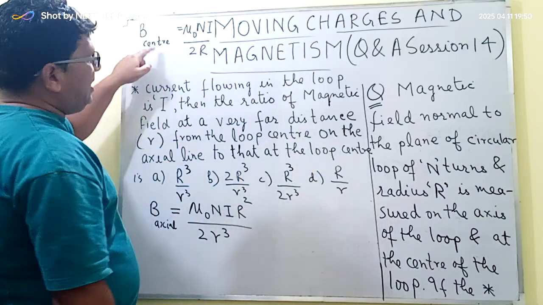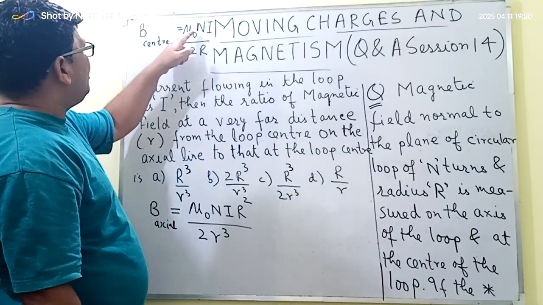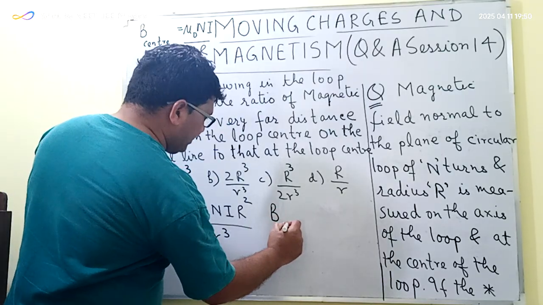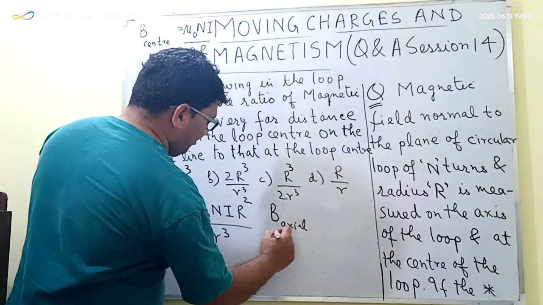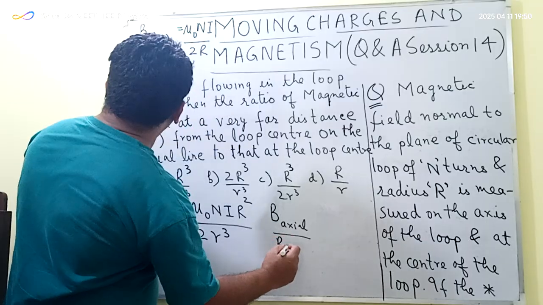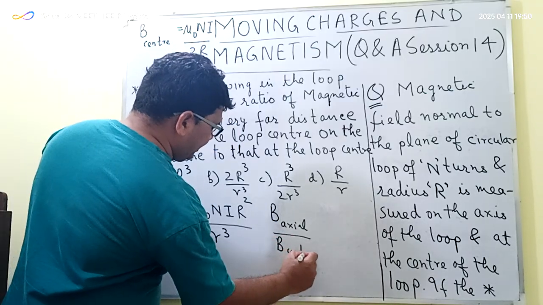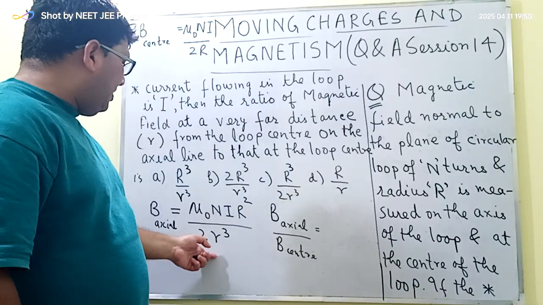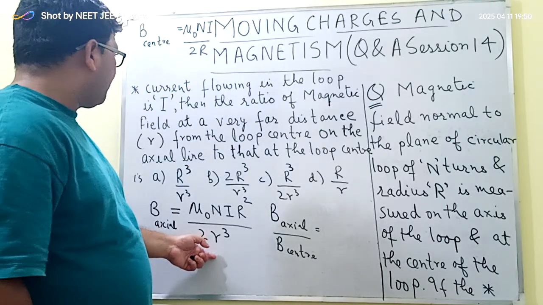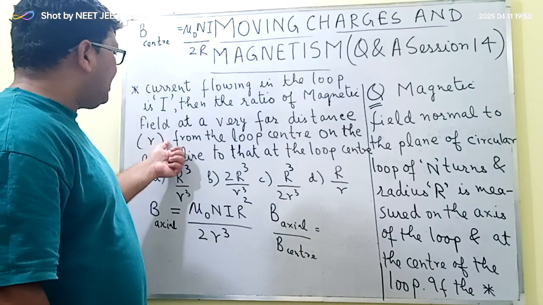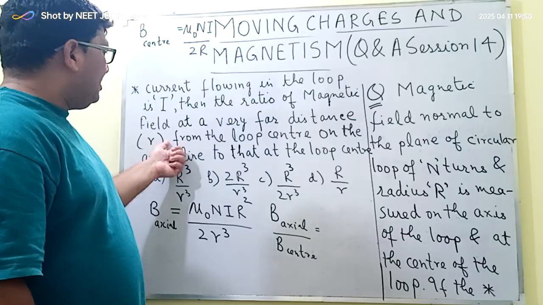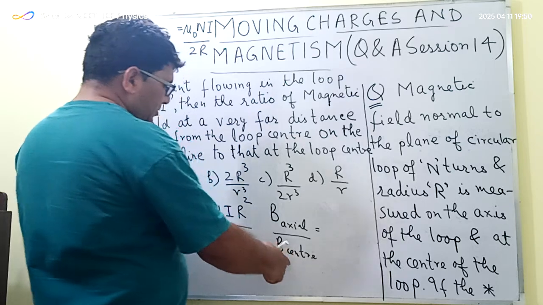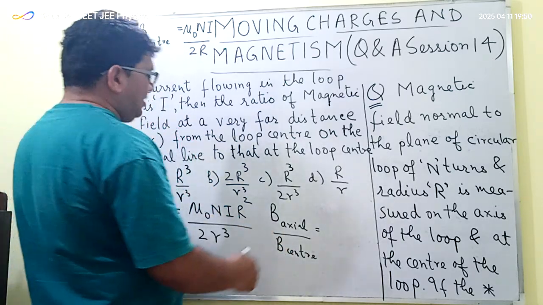So the magnetic field at the center of the current carrying loop is equal to mu naught N I upon 2R. So B axial divided by B center. Now this B axial is the magnitude of the magnetic field at a distance r from the center of the current carrying loop and lying on the axial line of it, divided by the magnetic field at the center of the current carrying loop.